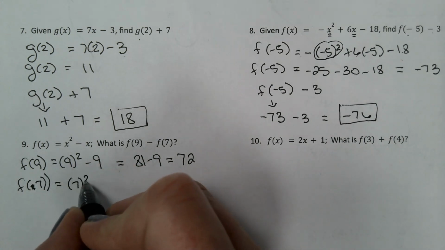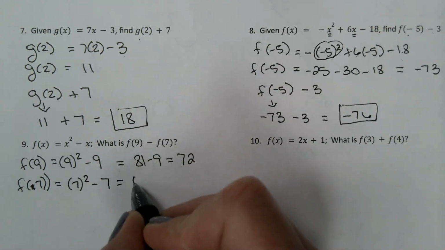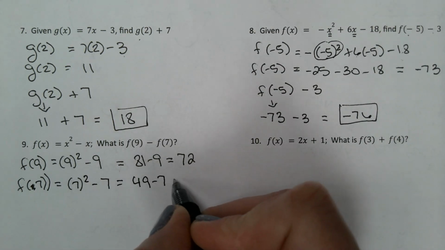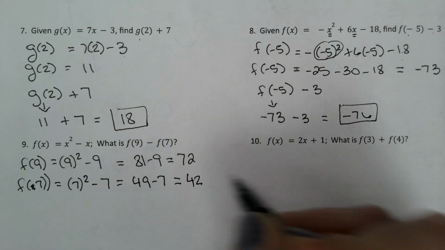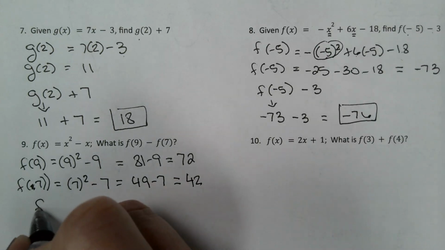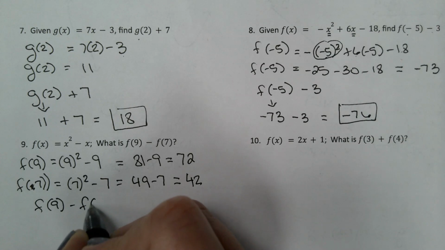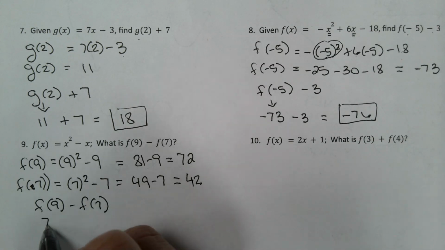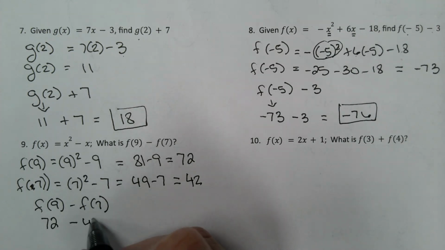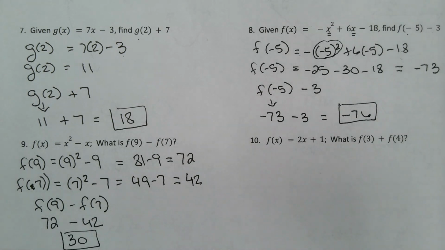So I have 7 squared minus 7, that's 49 minus 7 equals 42. So then when I find f of 9 minus f of 7, I have 72 minus 42, which equals 30.